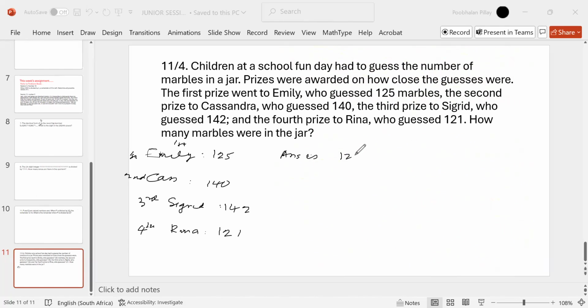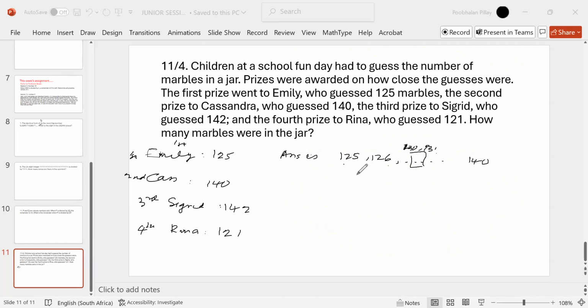now if you write down all the numbers, 125, 126, and so on, all the way up to 140, whatever the number of marbles in the jar is, she was closer than that. Okay. So it means halfway down here, you get 126, 130, 131, and so on.